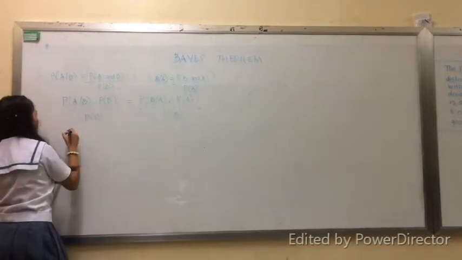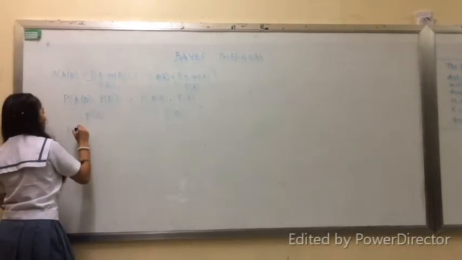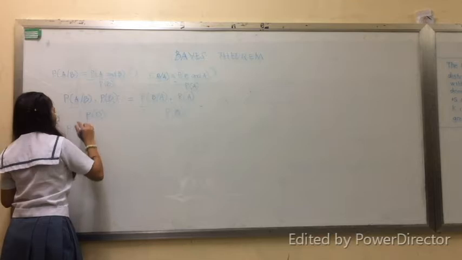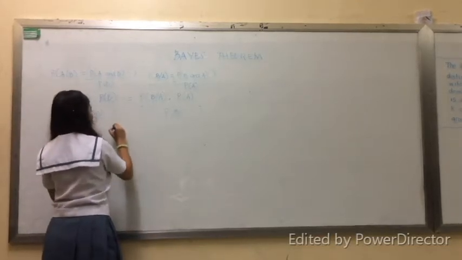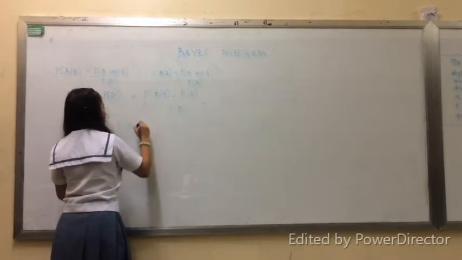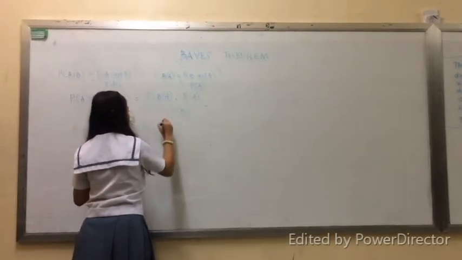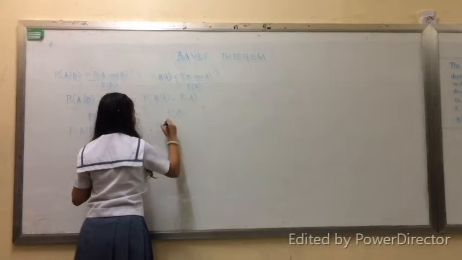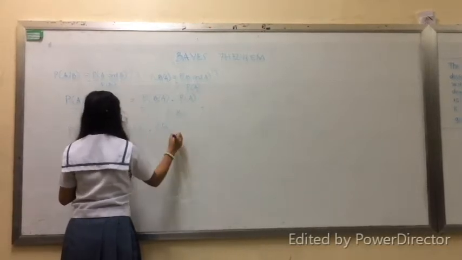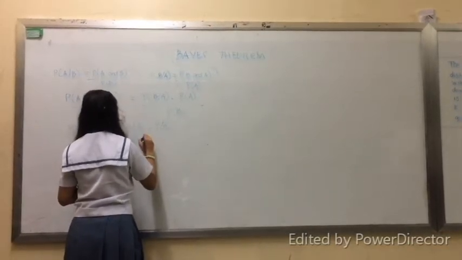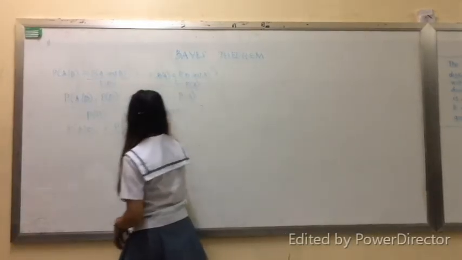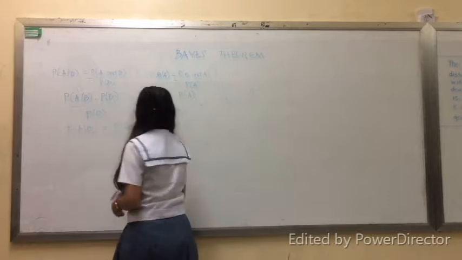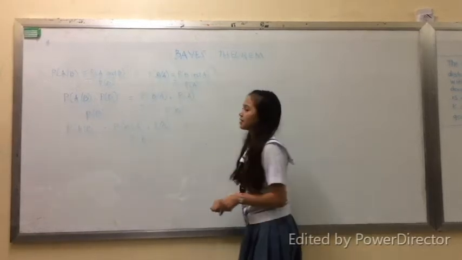We are now left with the equation: the probability of A given B is equal to the probability of B given A times the probability of A all over the probability of B. So this is now the equation that we will be using for the basic theorem.